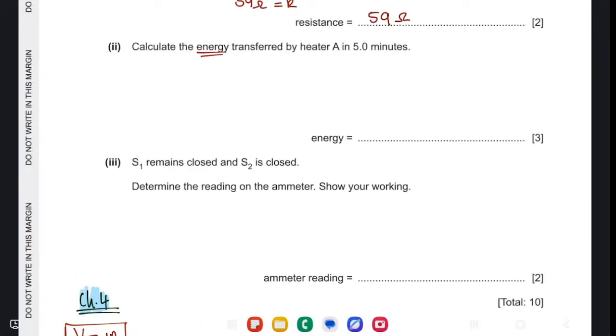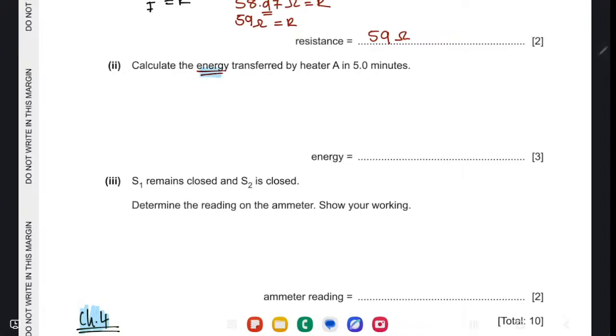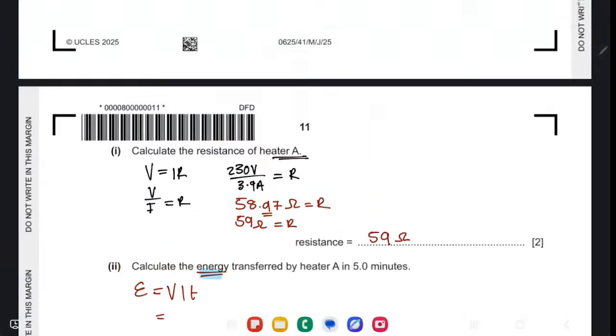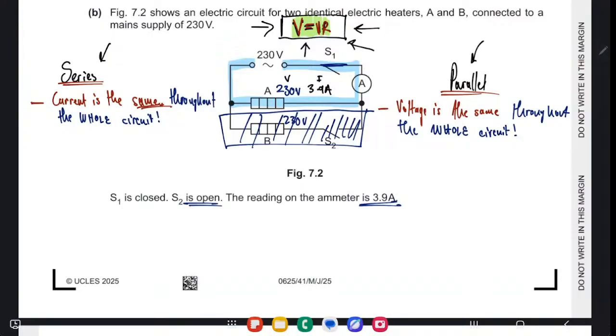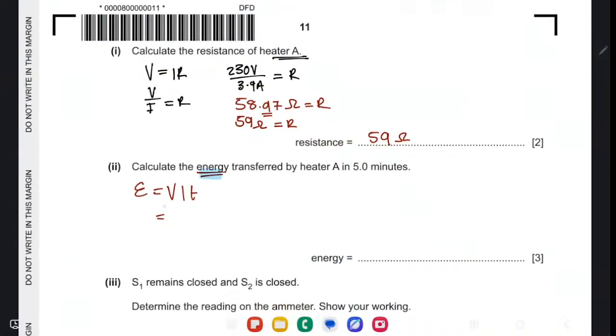So if we come here, calculate energy, you know the formula for electrical energy. We are in electricity right now. You know that energy is VIT, which is going to be V you have, I you have, so it's 230 volts by 3.9 amps.